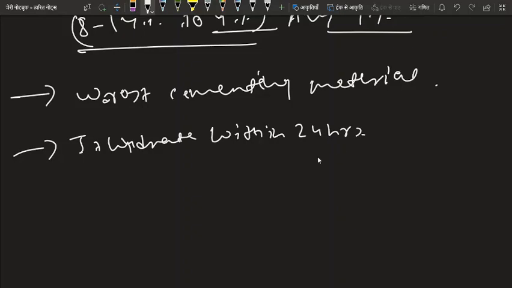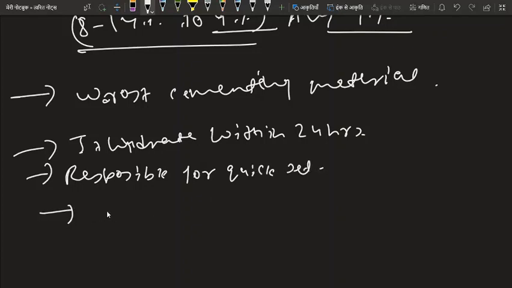Okay, and also it is responsible for quick set, and its heat of hydration is about 400 joule per gram. Okay, so the highest heat of hydration is tricalcium aluminate, and the lowest heat of hydration is dicalcium silicate, which is about 262 joule per gram.